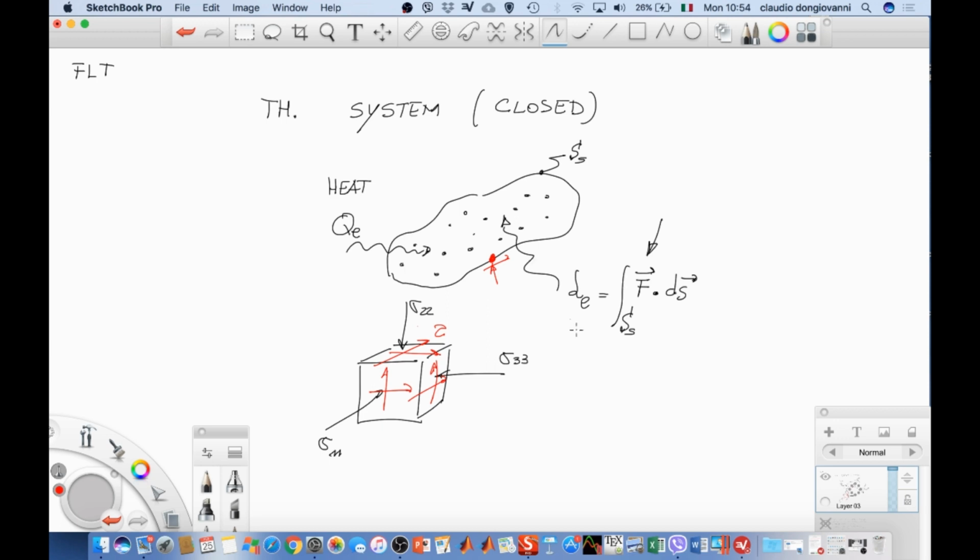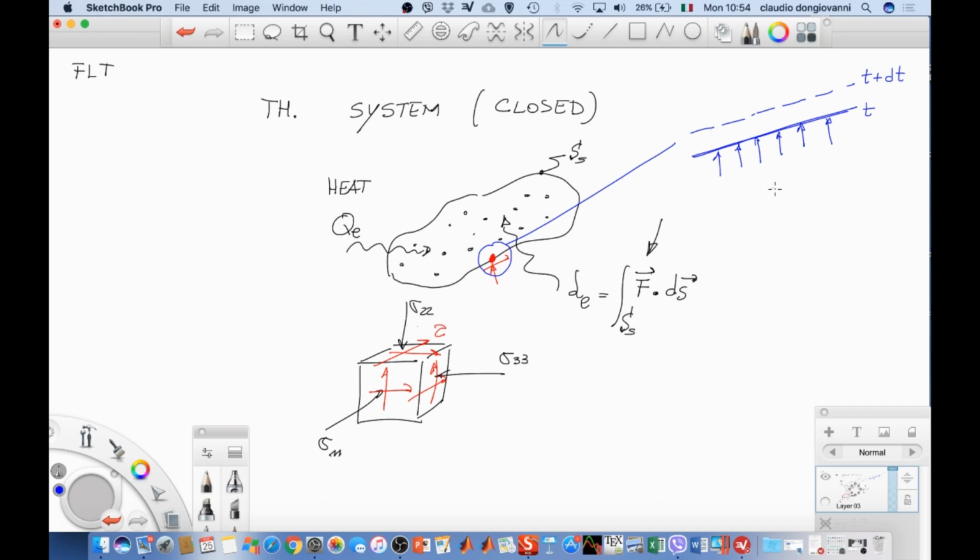But when you write this relationship and you analyze a small portion of your surface, you have your surface with forces applied, that moves as a consequence of the interaction. So this is the surface at time t. This is at time t plus delta t, a little bit later.